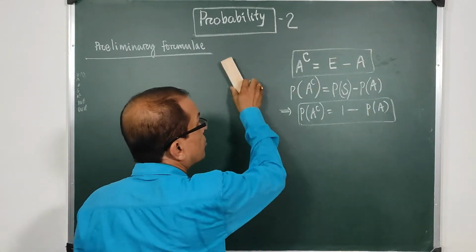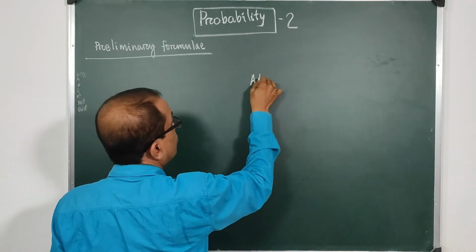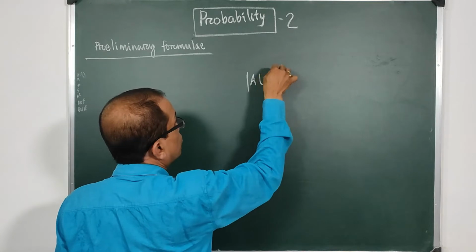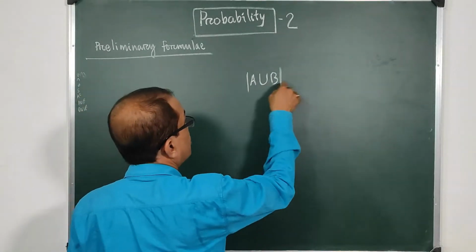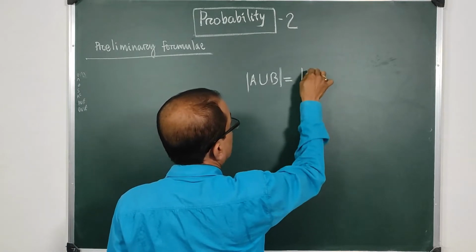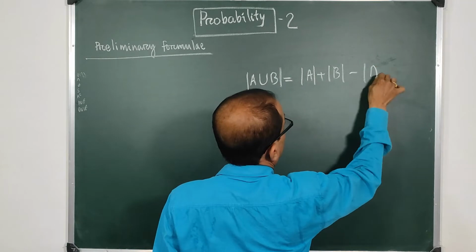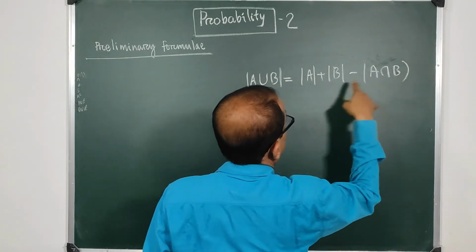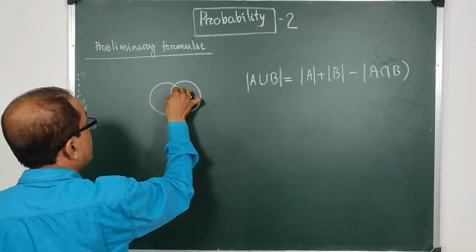Let us go for another formula. We have a formula A union B. Here, talking of the cardinality, the number of elements in this combination A union B is equal to cardinality of A plus cardinality of B minus cardinality of A intersection B. Clearly, this is a case of two sets having an intersection.